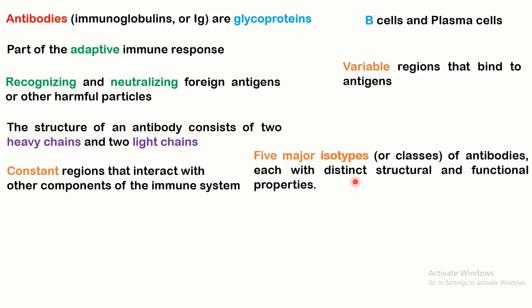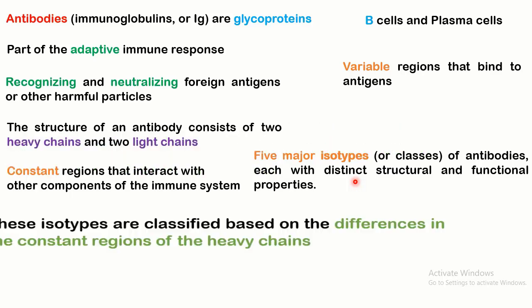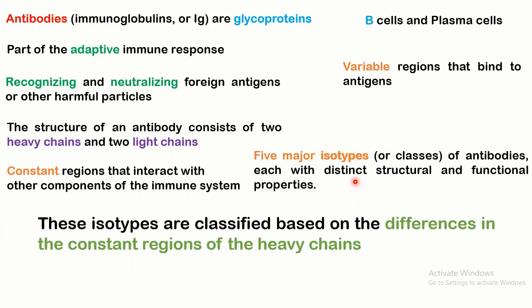Now, how are you classifying these five major isotypes into these different classes? This classification is based on differences in the constant region of the heavy chains. So the differences in the constant region of the heavy chain are the basis for classifying the immunoglobulins into these five major isotypes.